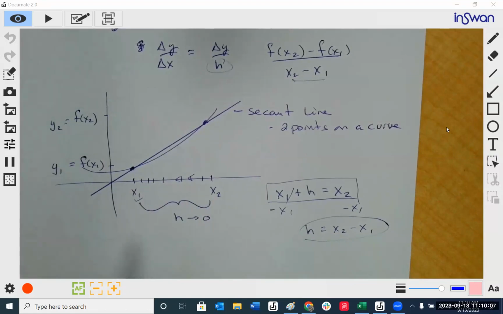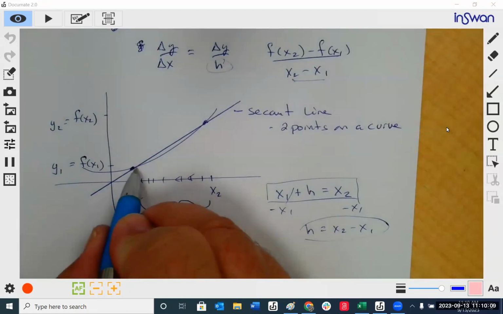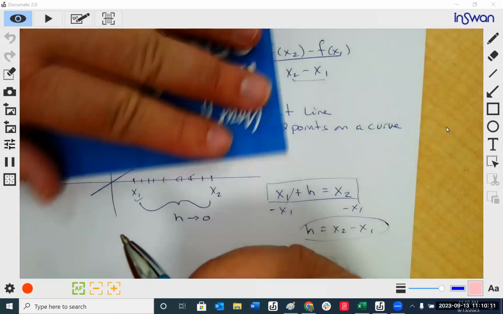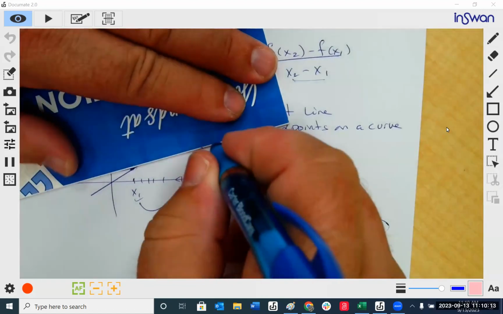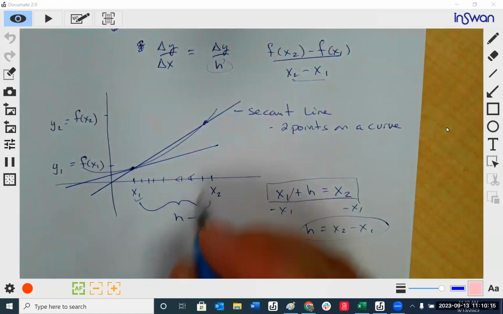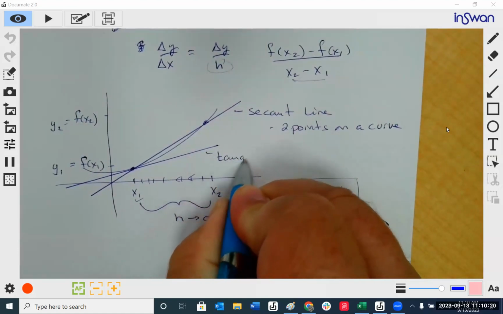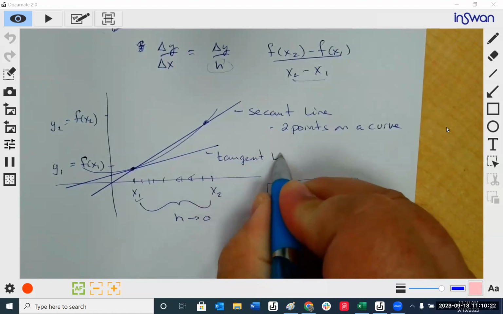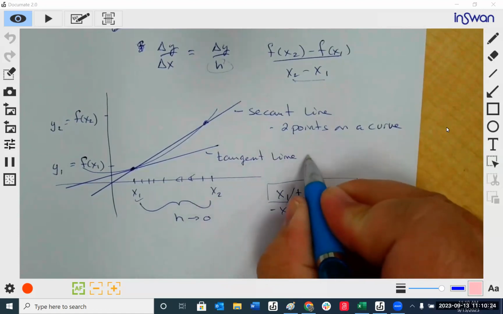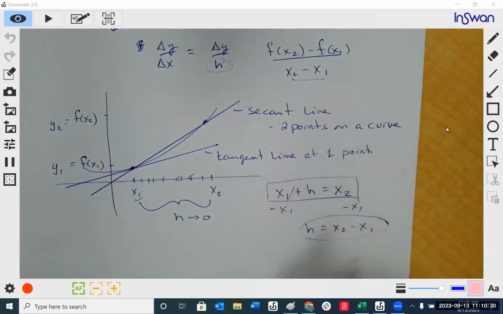The distance between them becomes 0. And when we do that, what we're going to end up with is the slope of the tangent line at 1 point. That is our ultimate goal.